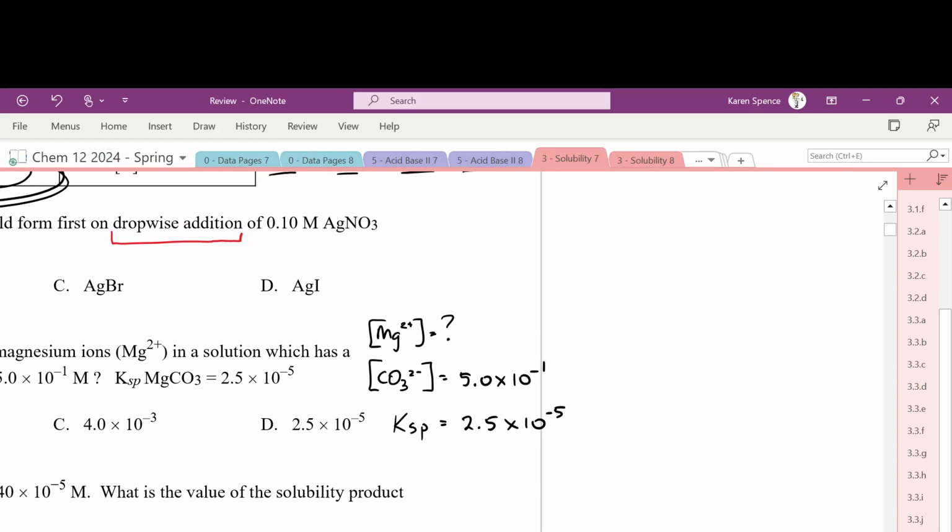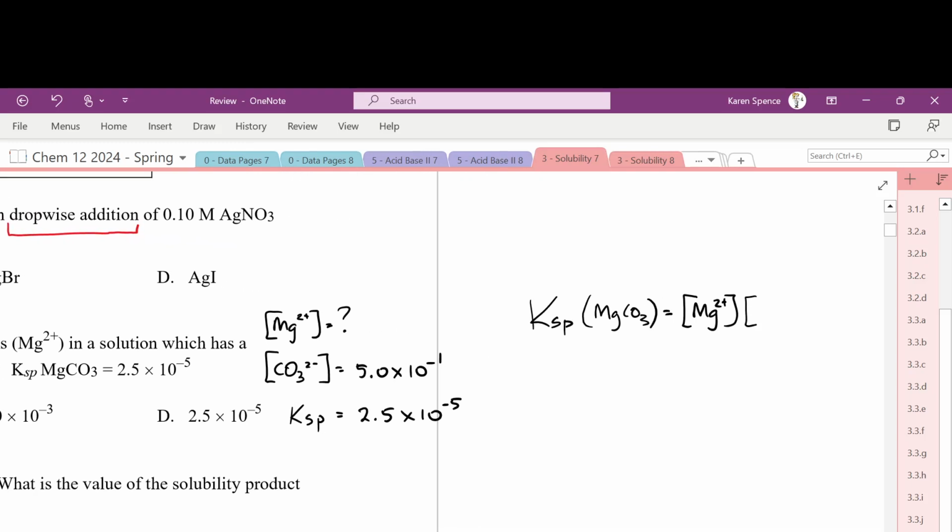And we can write a KSP for MgCO3, and that is equal to the concentration of Mg2+ times the concentration of CO3 2-. So we know this value, we know this value, and this is the one that we don't know. So let's solve for the concentration of Mg.